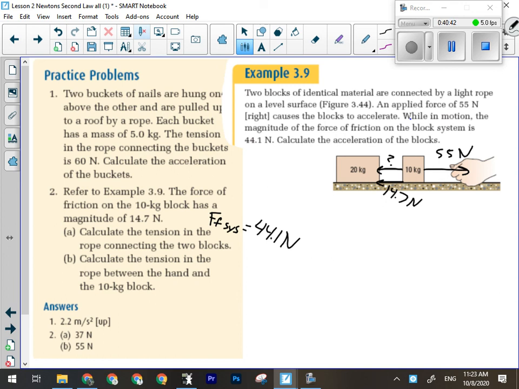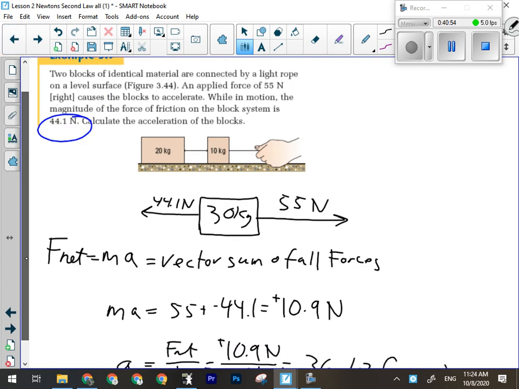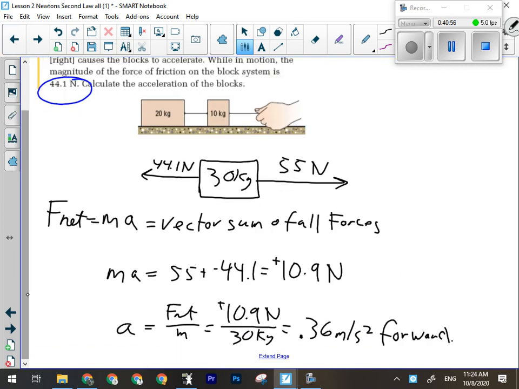The other thing that we calculated in the last question, the acceleration, also still applies. Okay, so we still know the acceleration from the last question, and it was 0.36.